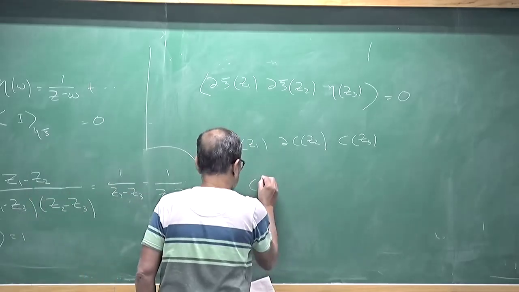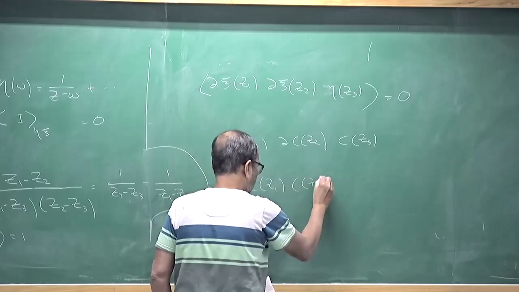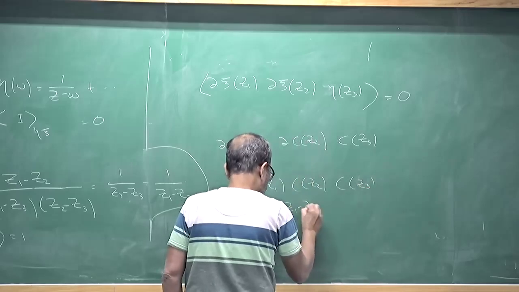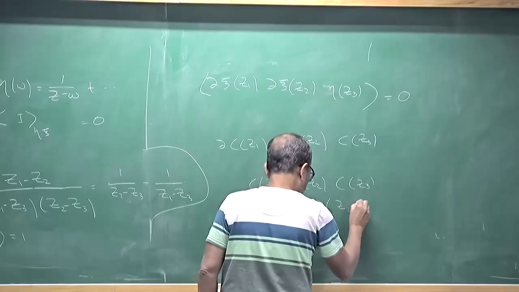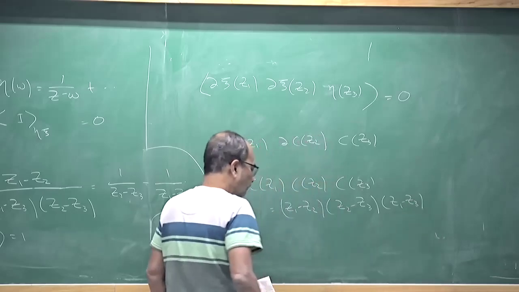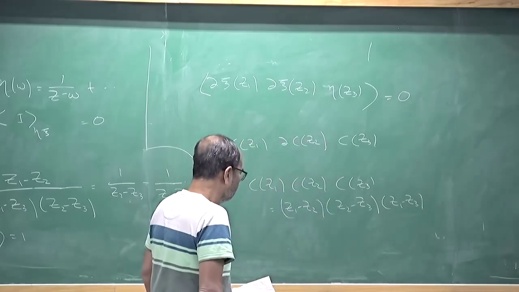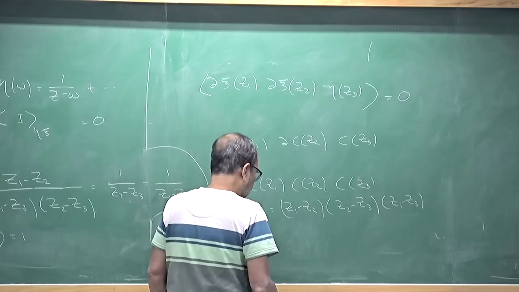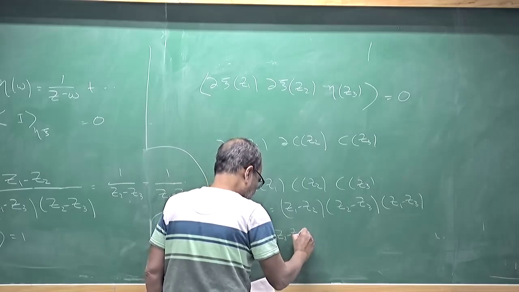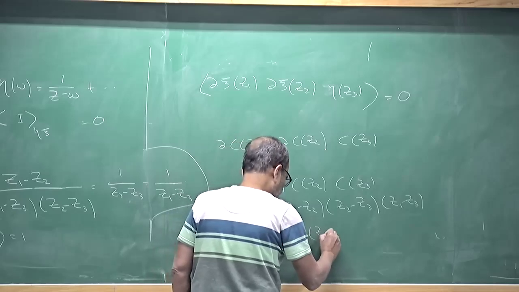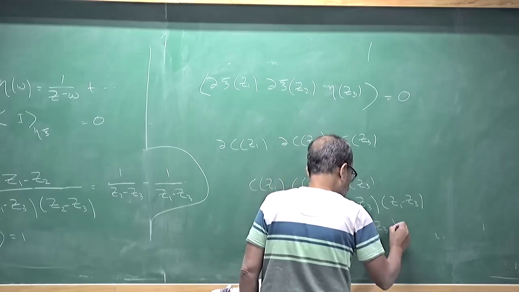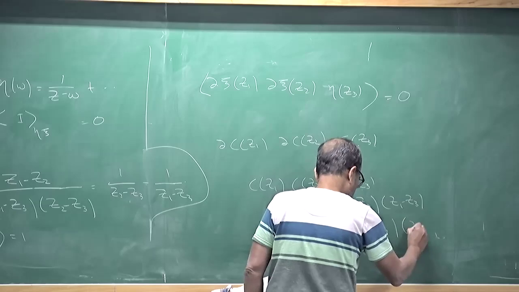The C of Z1, C of Z2, C of Z3 is Z1 minus Z2, Z2 minus Z3, Z1 minus Z3, right? So if you take derivative of Z1, it gives you Z2 minus Z3 times Z1 minus Z3 plus Z2 minus Z3 times Z1 minus Z2.